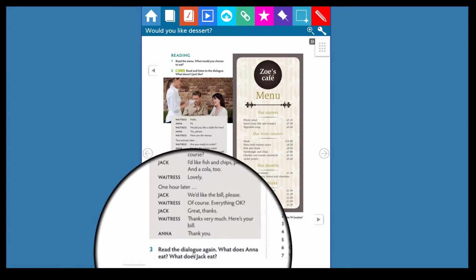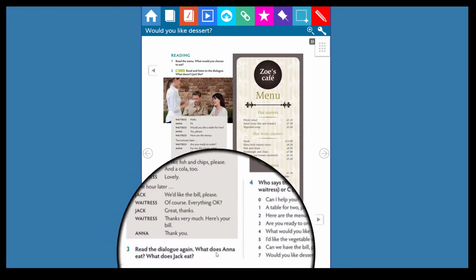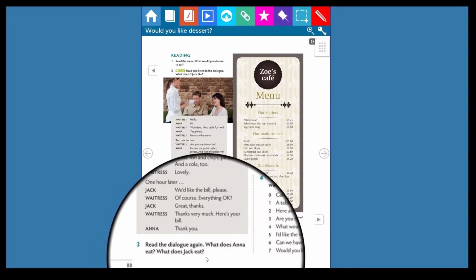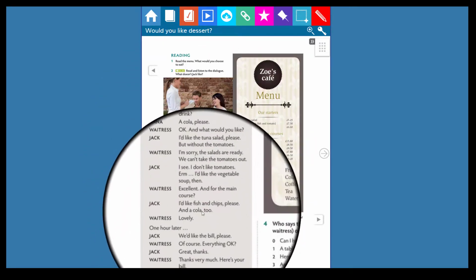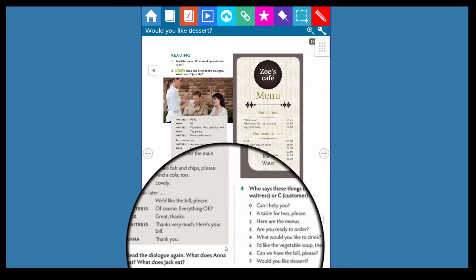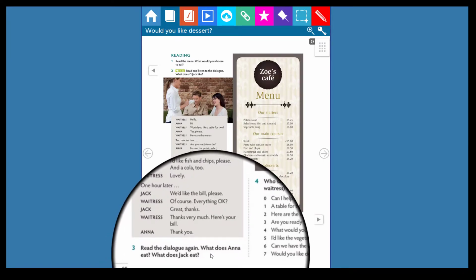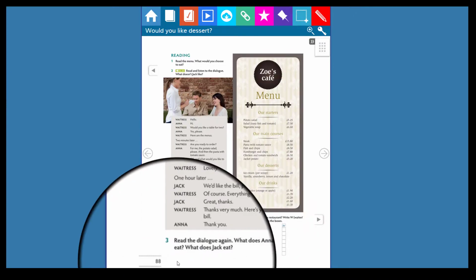Read the dialogue again. What does Anna eat? What does Jack eat? So I need that you please stop the video now and look for the answers in the text. And then we're going to check together. Did you finish? Great. So now let's check. The first question says, what does Anna eat?